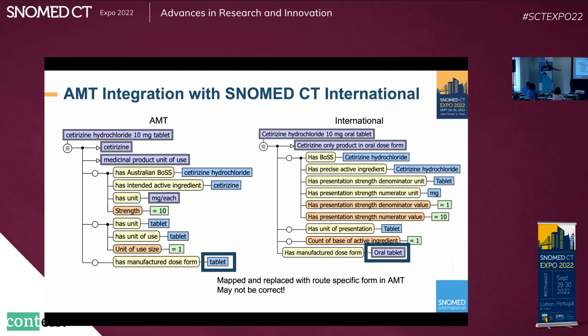There was a whole lot of things that prevent subsumption, though, unfortunately. Things like unit of presentation, where that unit of presentation value, as I said before, isn't actually consistent between AMT and SNOMED International. I did it with DM&D as well, and it's not consistent there either.